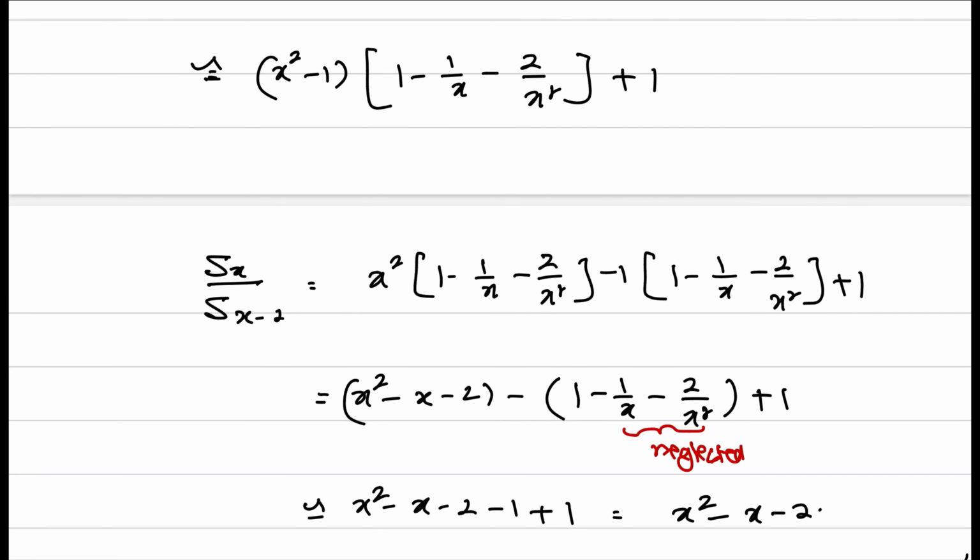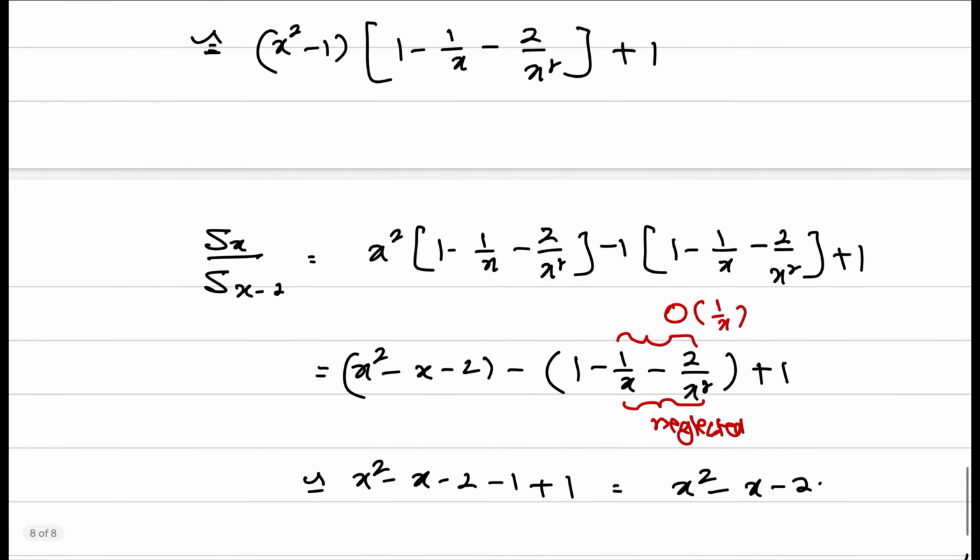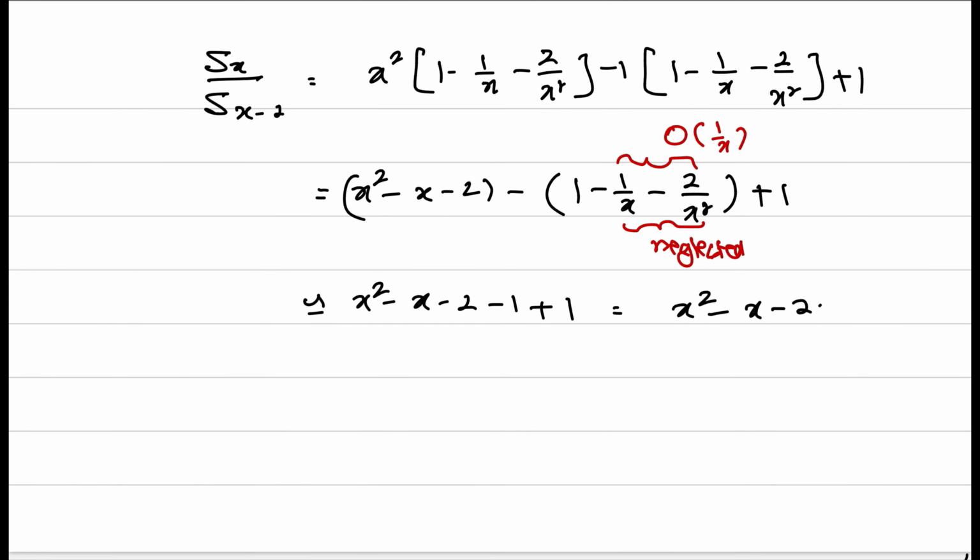Whatever value remains, we can treat it as error, big O of 1 by x, when we neglect 1 by x square. For large values of x, this 1 by x tends to 0.